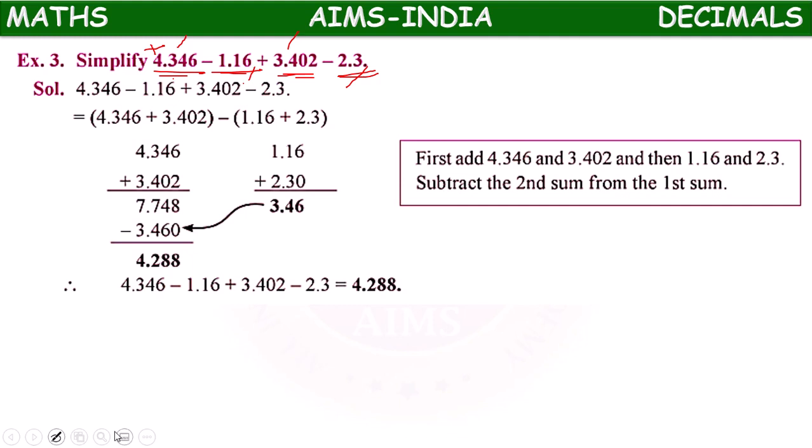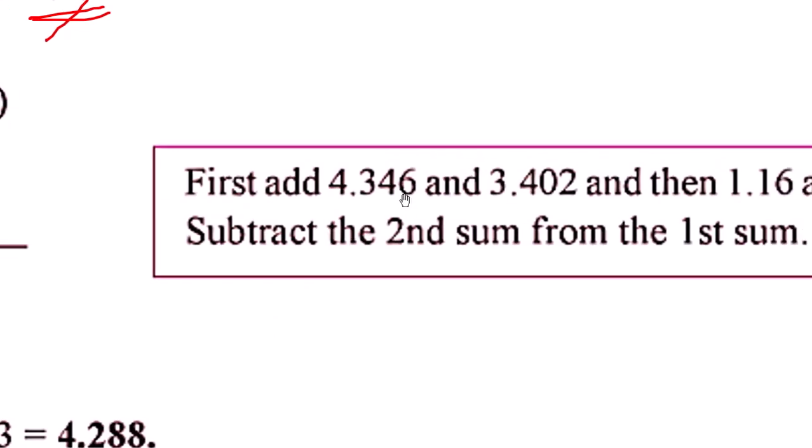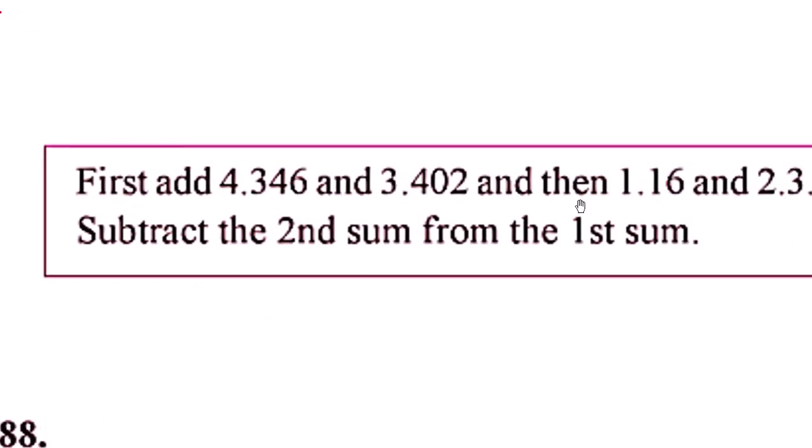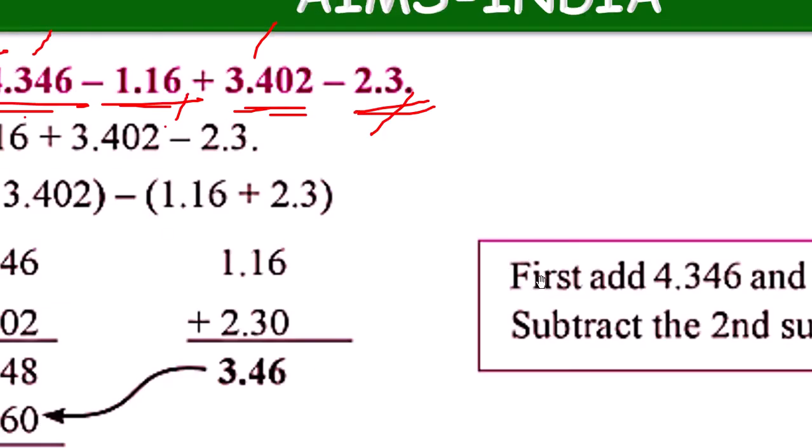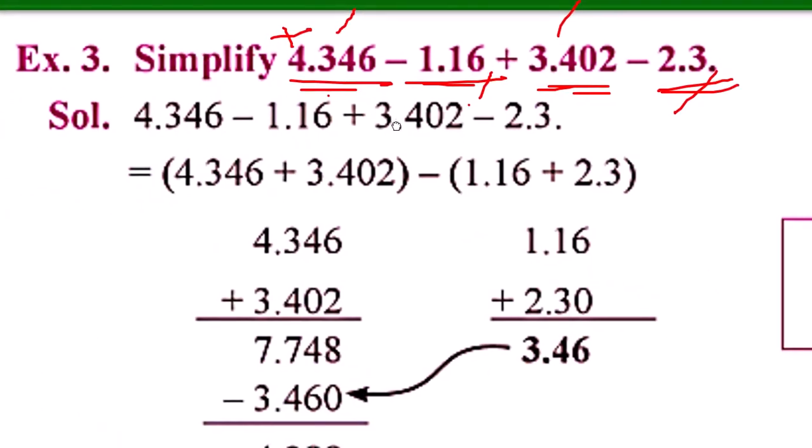So what we have to do here: first both the positives to be added, then both the negatives to be added. Both positives to be added, first sum will come; both negatives to be added, second sum will come; then from the first sum we have to remove the second. So both the plus decimals we will write in one bracket as a group.